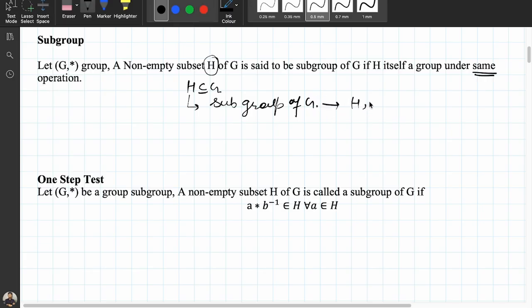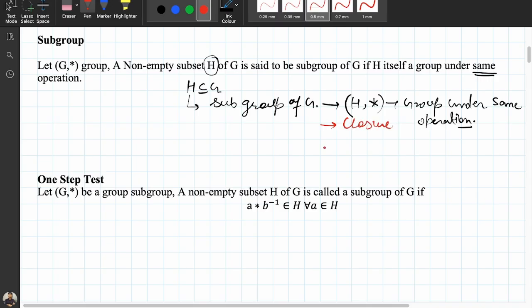So from here we can say H star is also a group under the same operation. Now what do we mean by same operation? Whatever operation we are taking in the group, the subset is H. If it is again a group, it should satisfy four properties. First property is closure law.